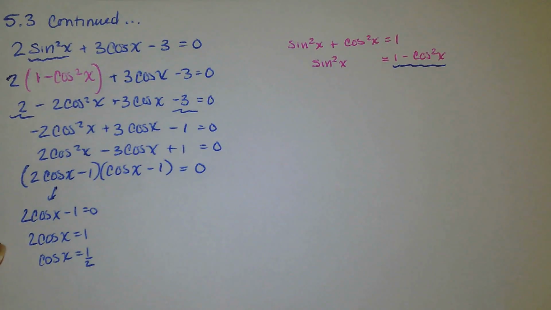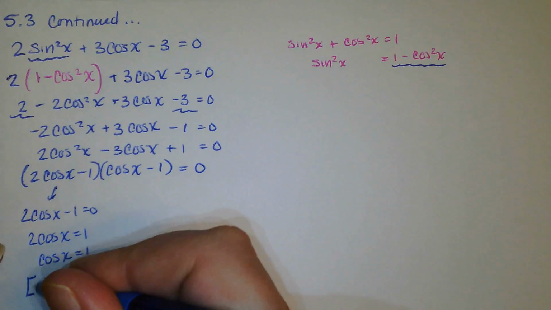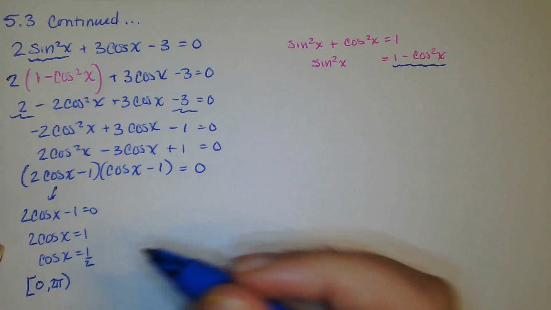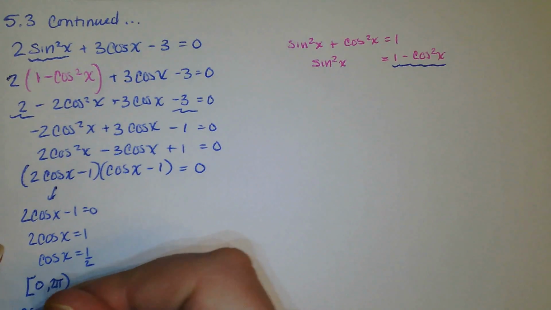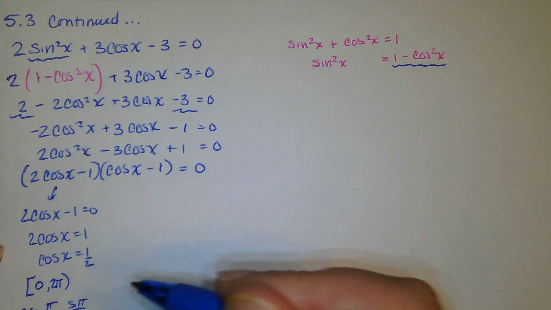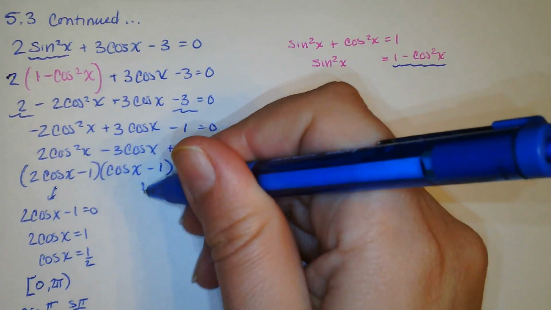And by solving this one, cosine x equals 1/2. So in the interval 0 to 2 pi, our solutions would be pi over 3 and 5 pi over 3. All right, this one.